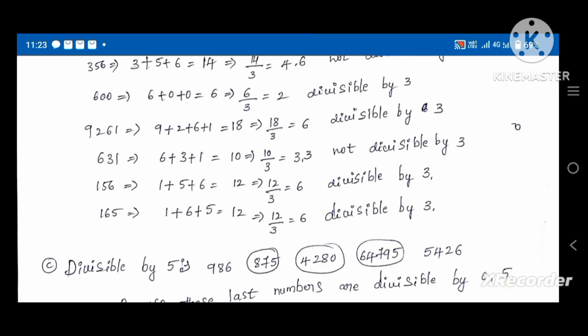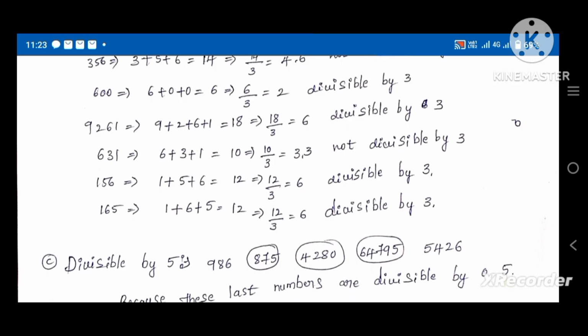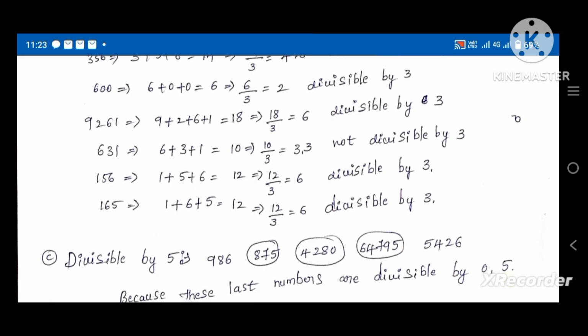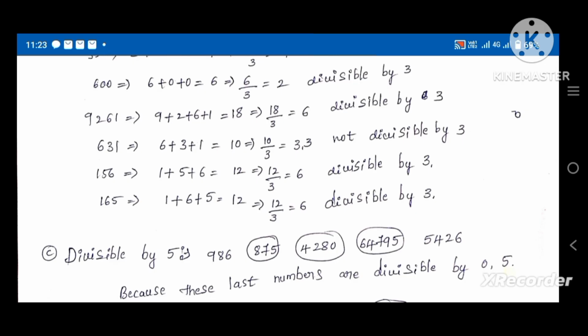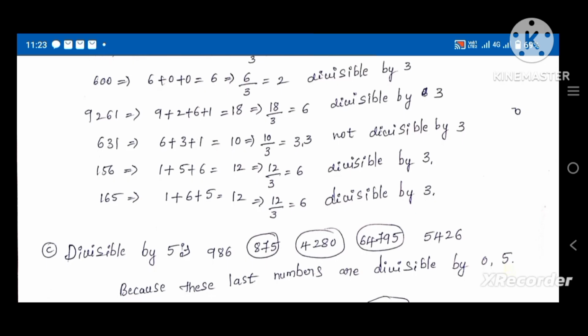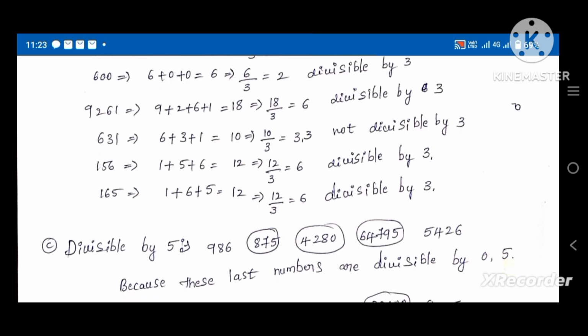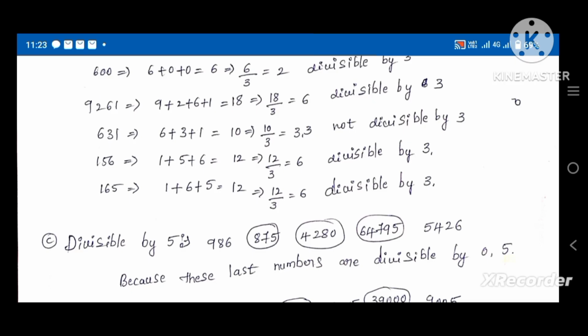Divisible by 5: 875, 4280, 64,795. Because these last digits are 0 and 5.